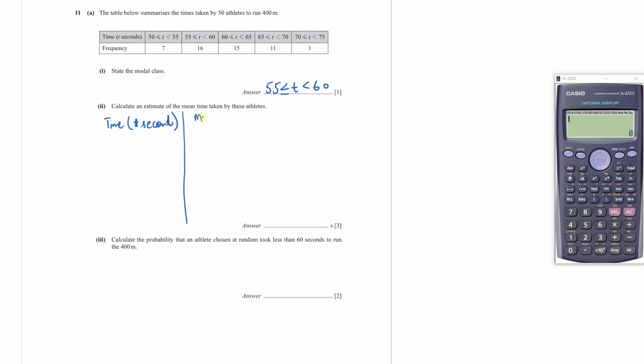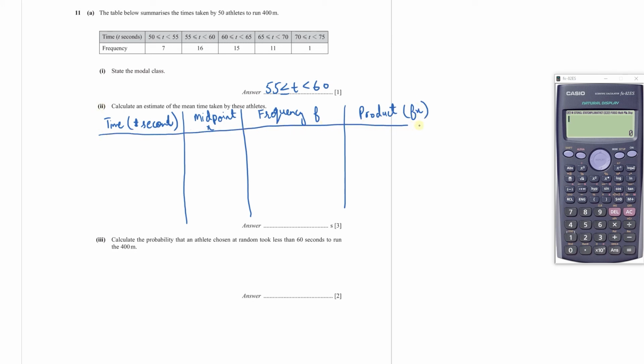So you have midpoint, then you have the frequency. Let's call it F. Let's call midpoint X. And then you have the product of the frequency and the midpoint. So product will be F times X. So let's complete this table here.